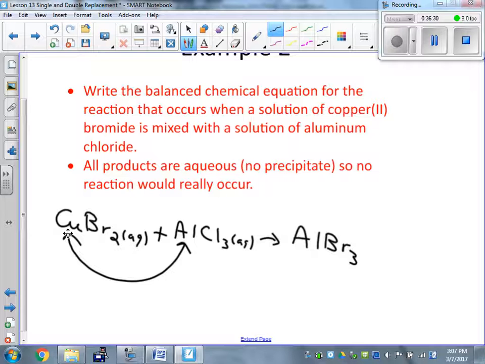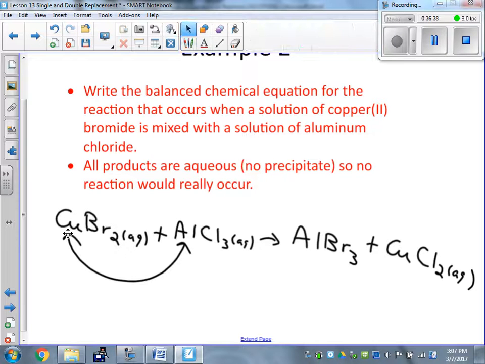And copper is going to go with chloride. Copper 2 chloride. And apparently they say that these are all aqueous. And that this reaction probably wouldn't take place. In fact, what you would probably see in this case is not a lot of difference from what you start with. Okay, we can talk about that down the road here.